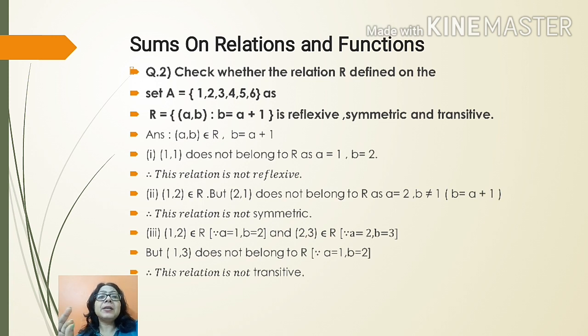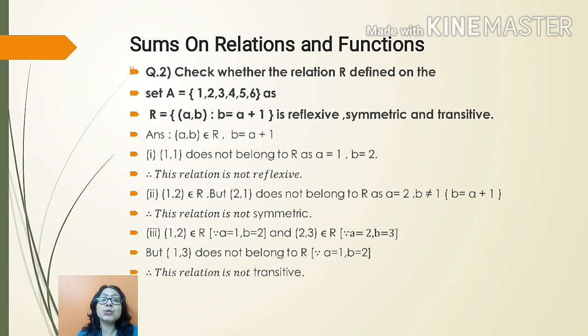So first case, (1, 1) does not belong to the relation R, because if the first element is 1, obviously the second element is 1 plus 1 is 2. So the relation is not reflexive.